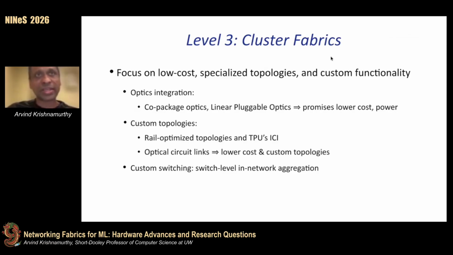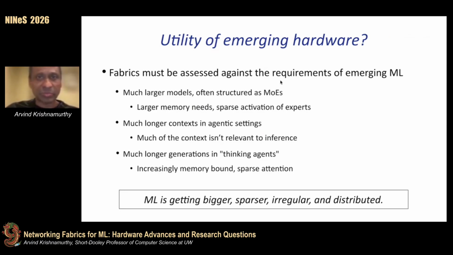And the assumption is only certain accelerators will need to talk to certain other accelerators at any given point in time. And since machine learning requires things such as collectives, we are also seeing the integration of these aggregation capabilities into the switches themselves in the form of in-network aggregation. So these are all pretty amazing innovations.